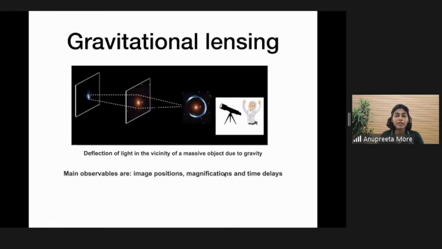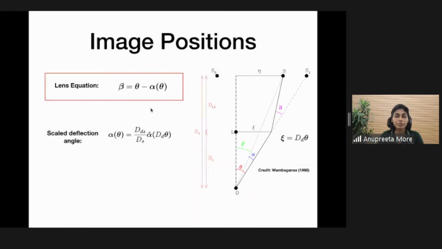So let me revise some of these quantities which you learned about, in some detail, yesterday. If you remember, you learned this lens equation yesterday while learning the theory.